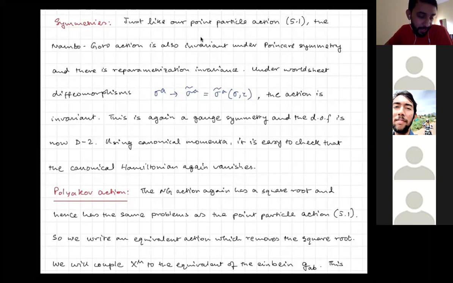So the idea is I will go to the torus and I will show you something called the Cardy formula, which I wanted to do. I will try to do that.